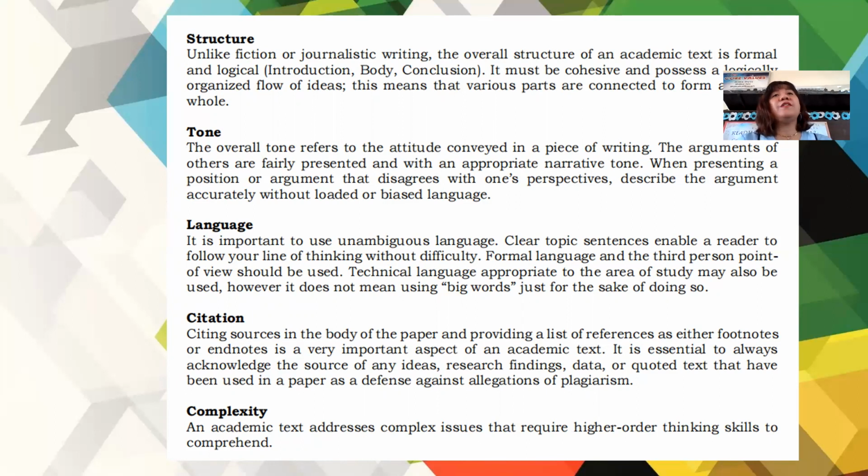It is important to use unambiguous language, and clear topic sentences enable a reader to follow your line of thinking without difficulty. And the language that is used in academic texts is, of course, formal language. Technical language appropriate to the area of the study may also be used, however, it does not mean using big words just for the sake of doing so.